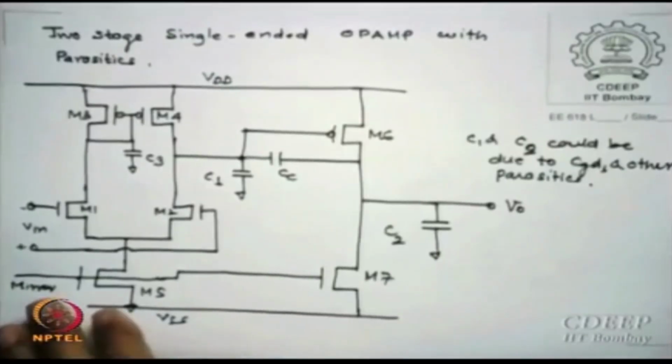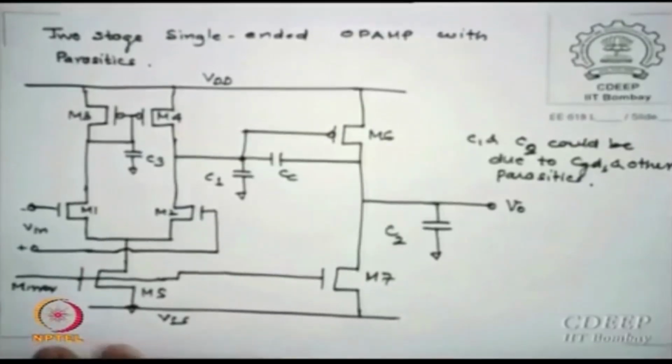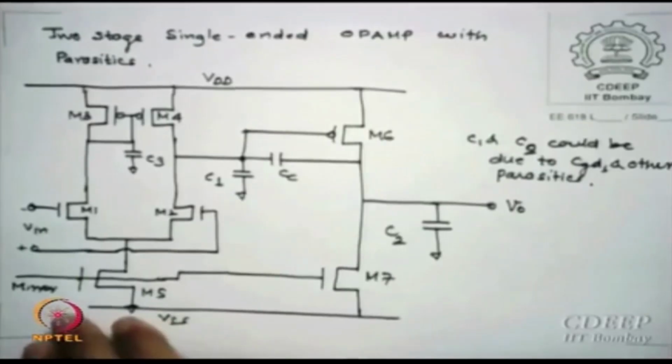So I would like to see what sizing M5 should have to create that much current. I may mirror with any size, but I should mirror here with that much current, which is my design parameter. Is that clear? So the issues are now getting clear: I must look very carefully at what M5 size comes.